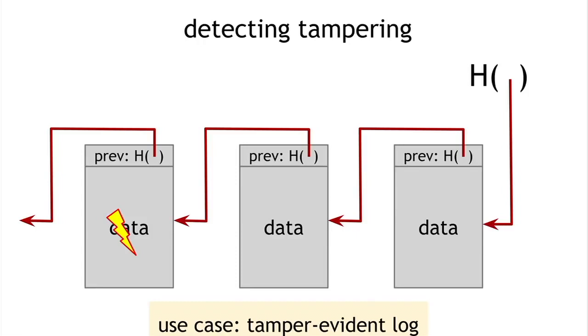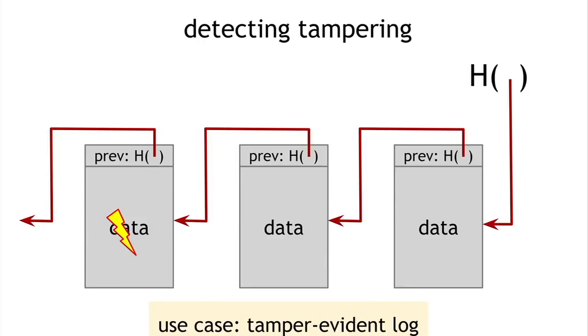So the adversary changed the contents of this block, and therefore the hash here, which is a hash of this entire block, is not going to match up. Because the hash function is collision-free, the hash of this block must now be different.